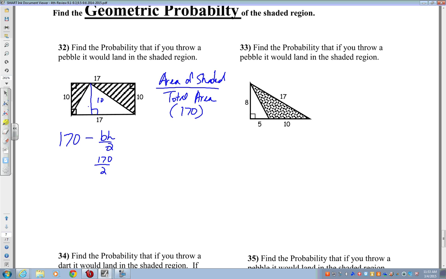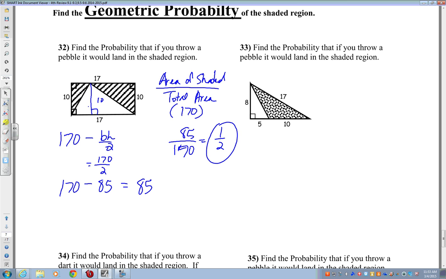So it's basically half. You're right. So this would be 170 minus 85, which would just be 85, right? It would end up being 1/2, because 85 over 170 is reduced to 1/2. We just cut it in half. Does that make sense? Okay.